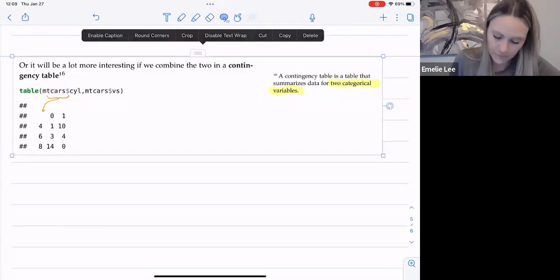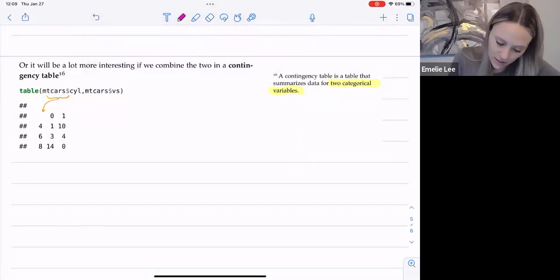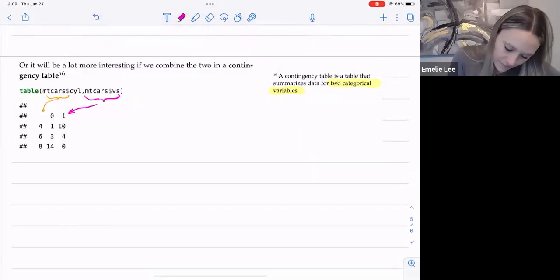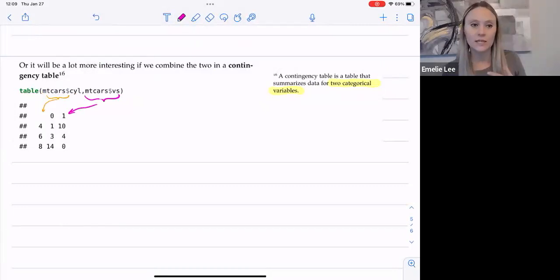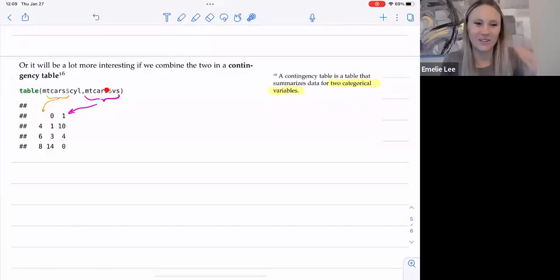Okay, there. If I separate things with a comma, then it'll take the first argument as the row variable, and the second argument as the column. So depending on how you want it to be set up, just remember that that's the order, right? Rows and then columns.